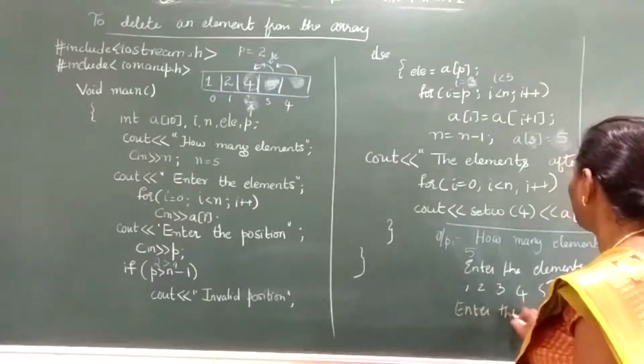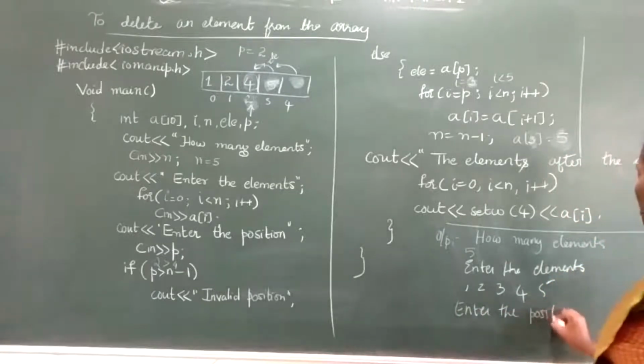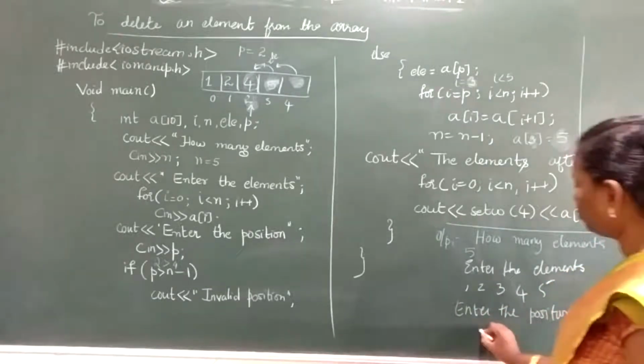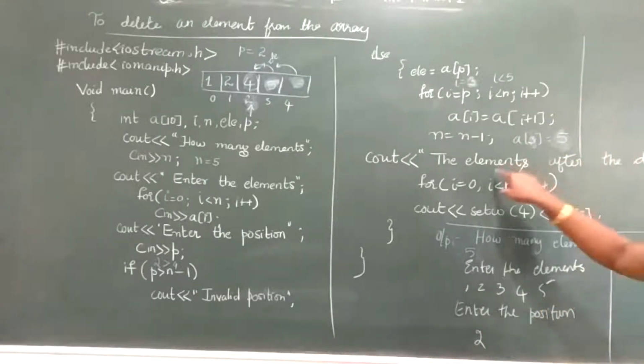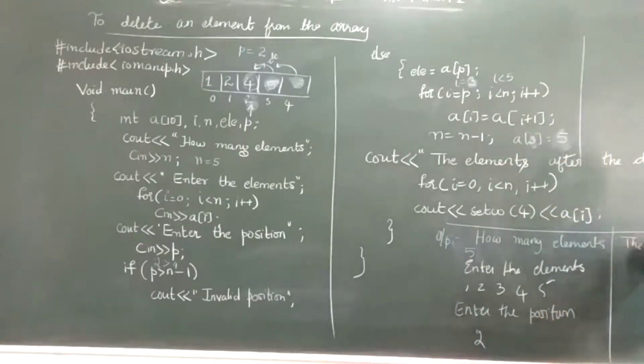Imagine I give the position as 2. So after this process, the elements after deletion are 1, 2, 4 and 5.